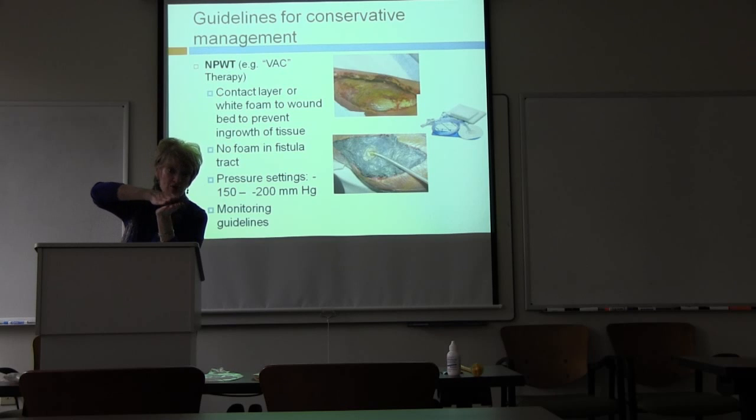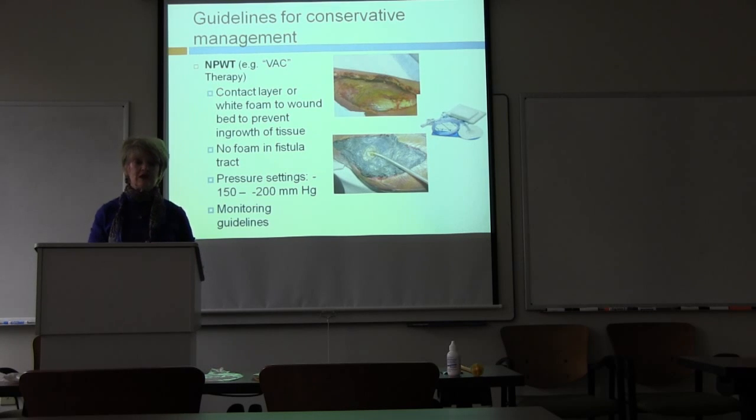If you put that open cell foam right on top of the wound bed and allow the tissue to grow into the foam, then when you go to remove the foam, it's very easy to take off that thin layer of covering tissue and actually unroof the bowel. And there have been multiple situations in which inappropriate use of negative pressure wound therapy actually caused fistulas.